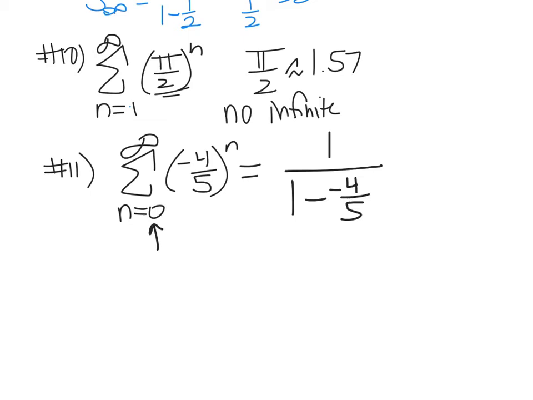Then you go to your calculator, and make sure you do 1 divided by parentheses 1 minus -4/5. You should get 0.555 repeating. Let's change that into a fraction, 5/9.